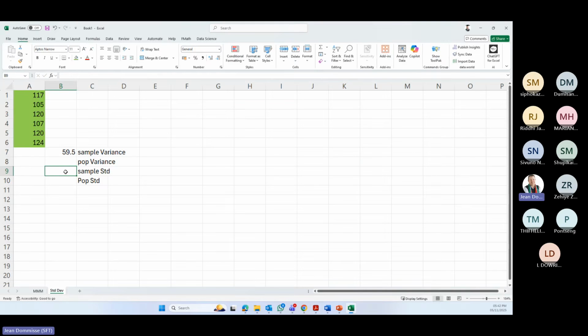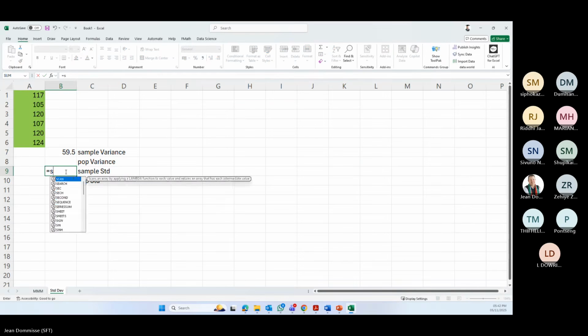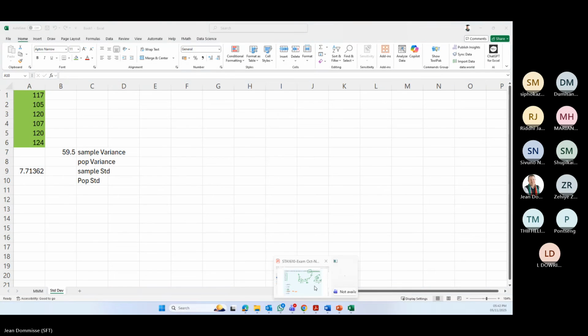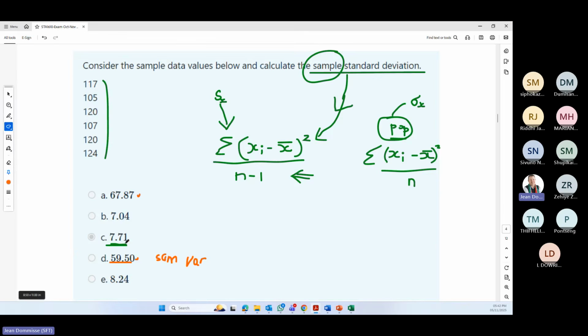If we work out the sample standard deviation, there's two ways that we can do it. It's the square root of sample variance. Let's just check how many decimals. So there's your sample standard deviation. It goes to 2 decimals.